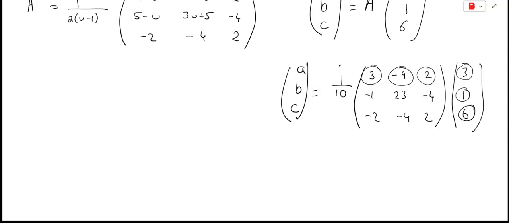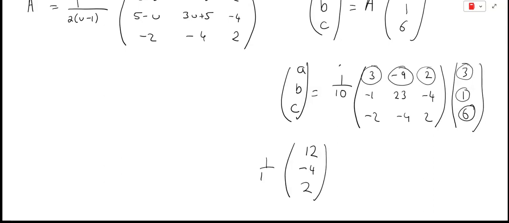That's for the first entry. So that's going to be 9 minus 9, so that's 0, plus 12, so that's 12. And then we do the same thing with the middle row times (3, 1, 6). So that's minus 3 plus 23, so that's 20, minus 24, so that's minus 4. And we do the last one, so that's minus 2 times 3, minus 6, minus 4, so minus 10, and plus 12, so that's 2.